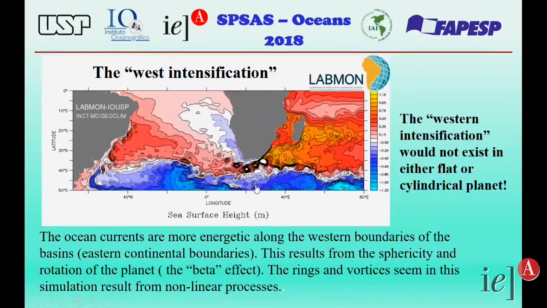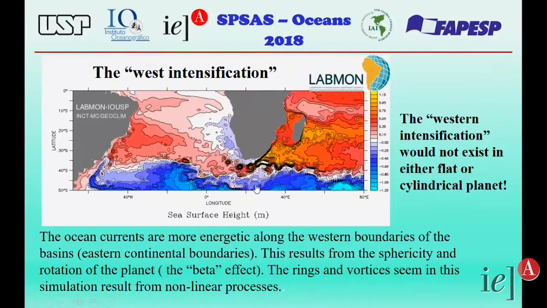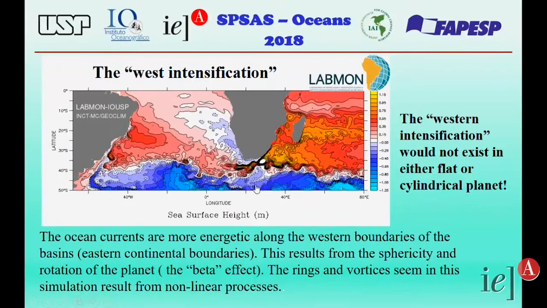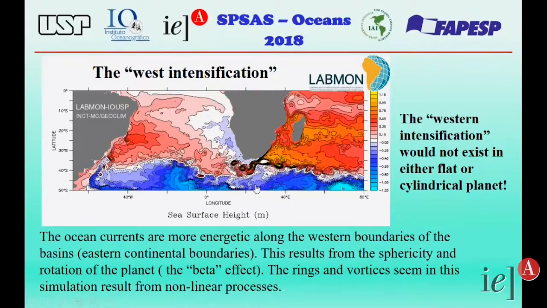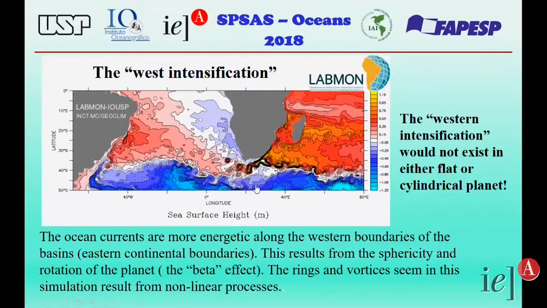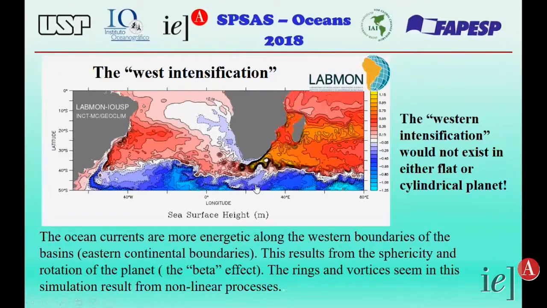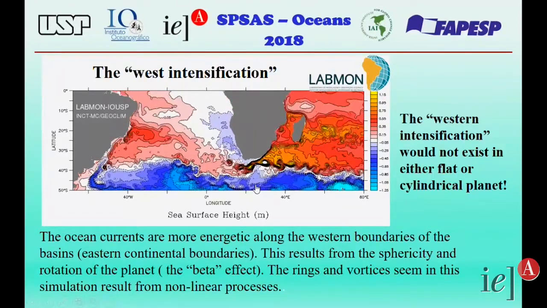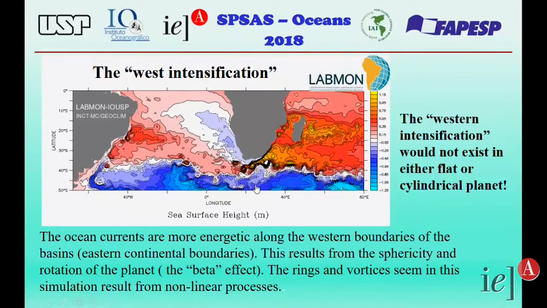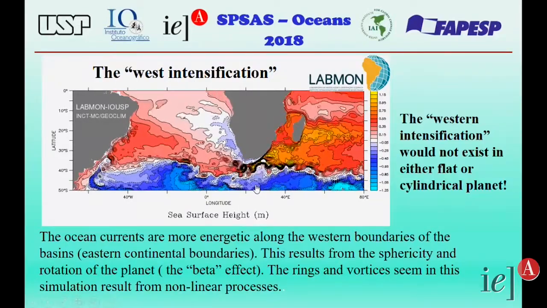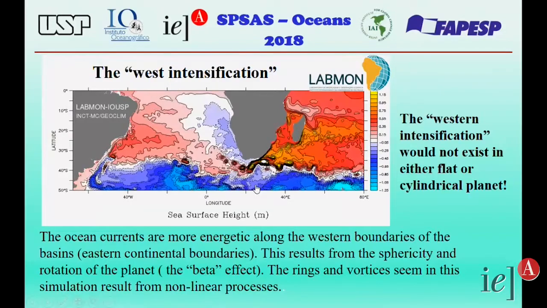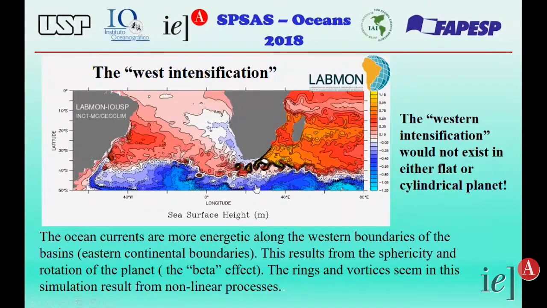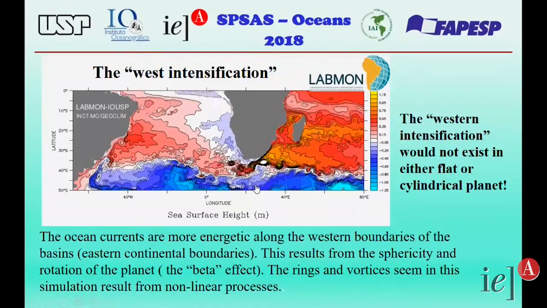And the explanation is simple. It's because the Earth is a sphere that is rotating. Because of the rotation and the sphericity of the Earth, the Coriolis effect exists, and the Coriolis effect varies with latitude. The variation of the Coriolis effect with latitude is what causes this west intensification.